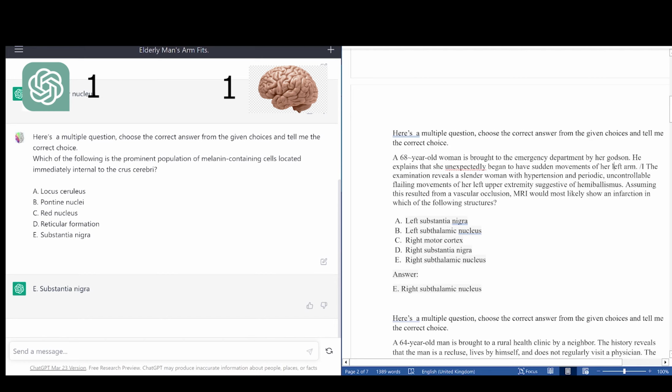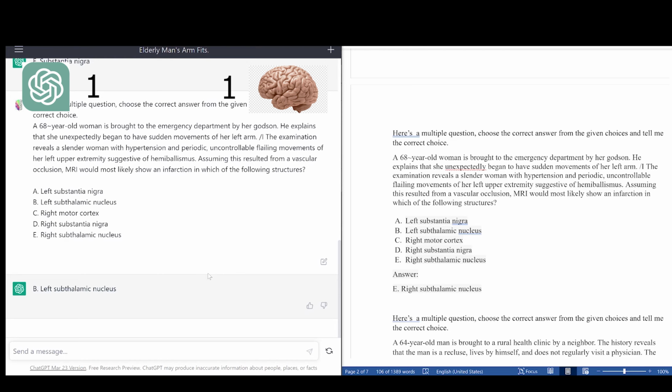Assuming this resulted from a vascular occlusion, MRI would most likely show an infarction in which of the following structures: left substantia nigra, left subthalamic nucleus, right motor cortex, right substantia nigra, right subthalamic nucleus. Okay, let's copy paste it to ChatGPT, and let's hear the answer.